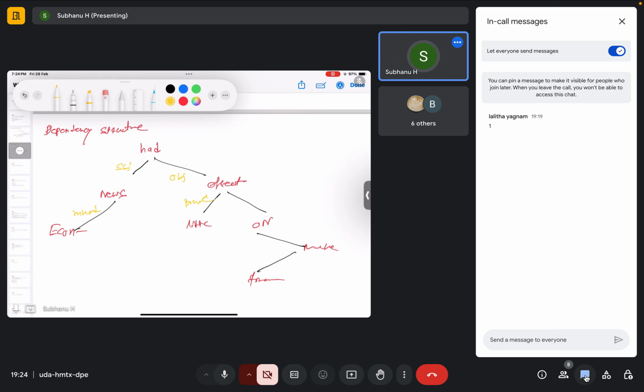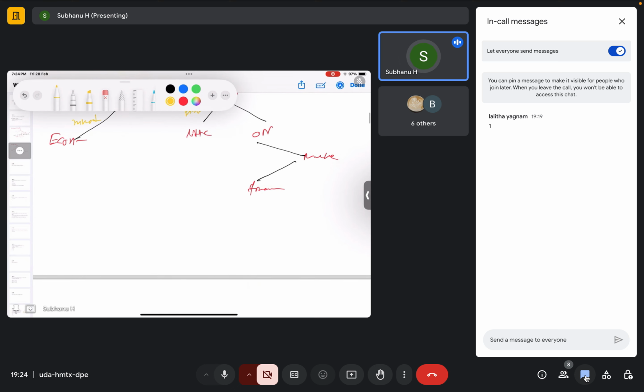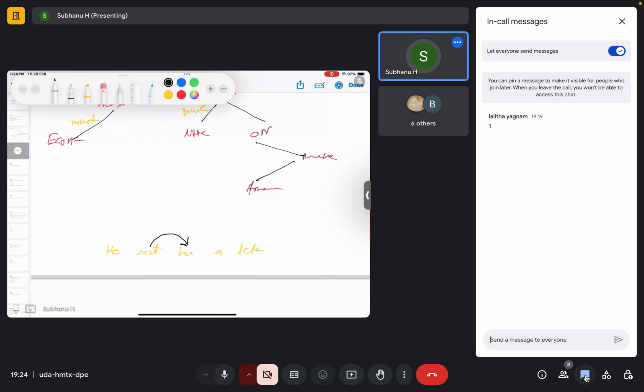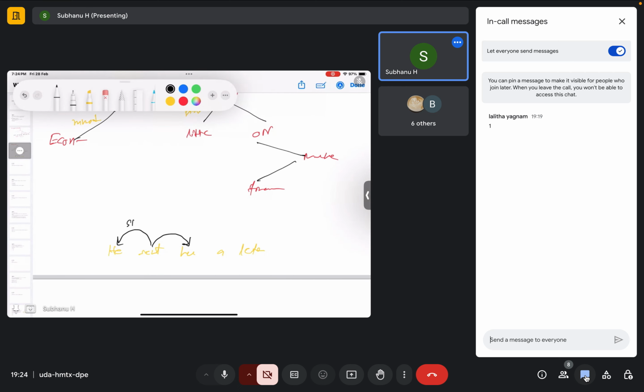Now we have to see what the dependency structure looks like. If a sentence is like "he sent her a letter", then the dependency will look like this. Who sent? So sent to he, and this is the subject.